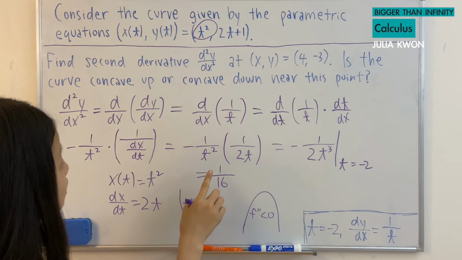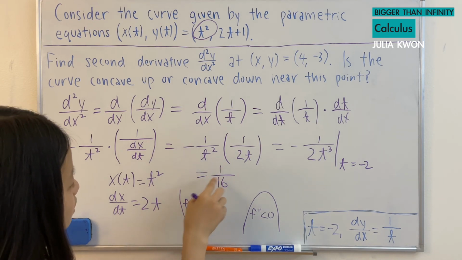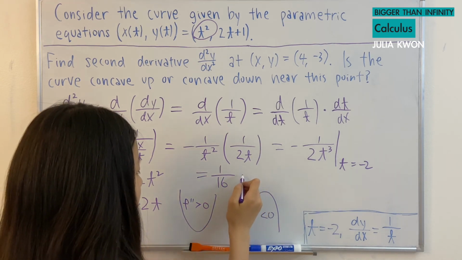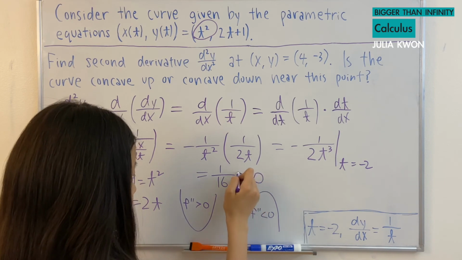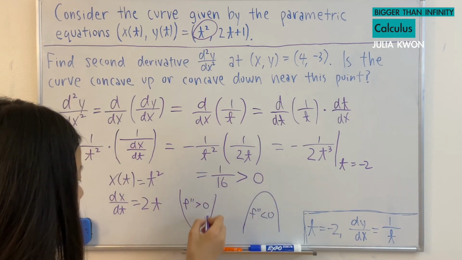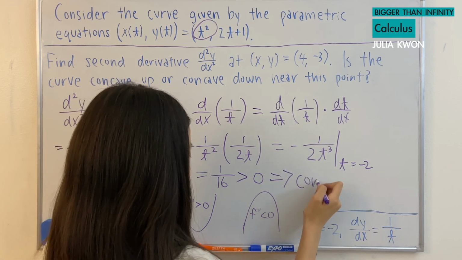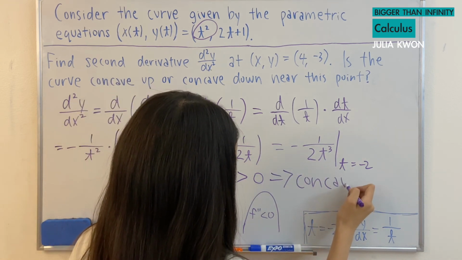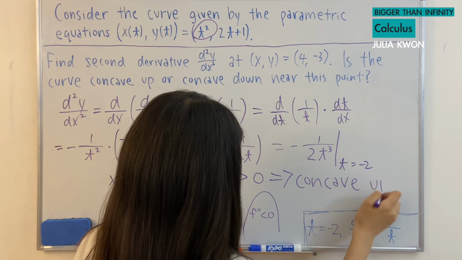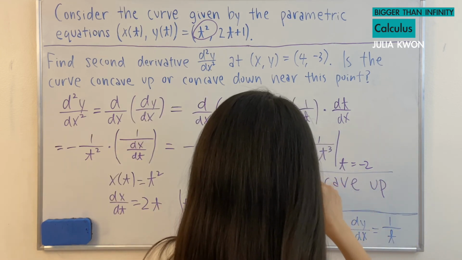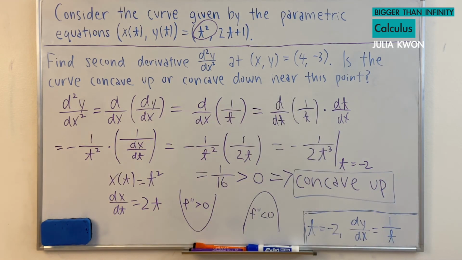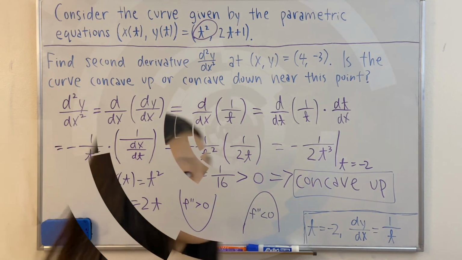Since we got the second derivative as 1 divided by 16, which is larger than 0, that means it's concave up. So there would be concave up near this point.